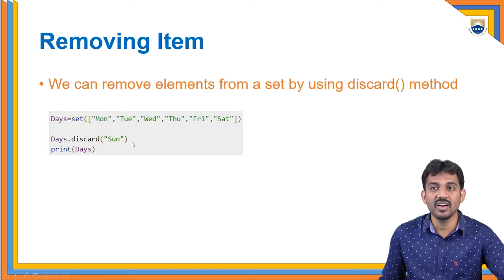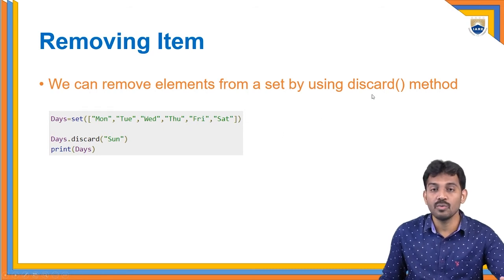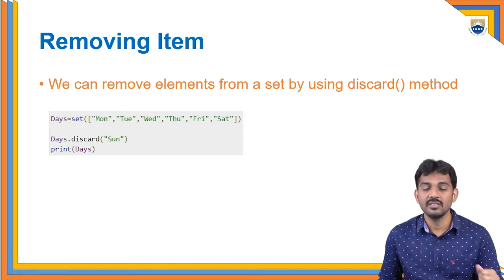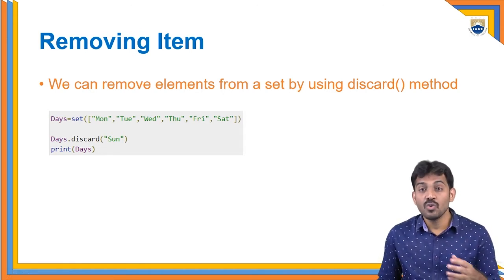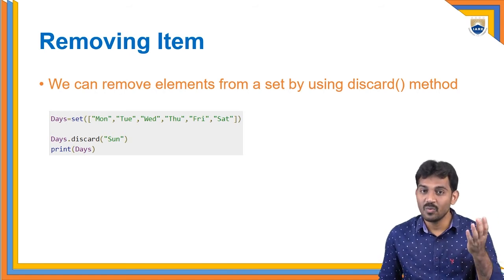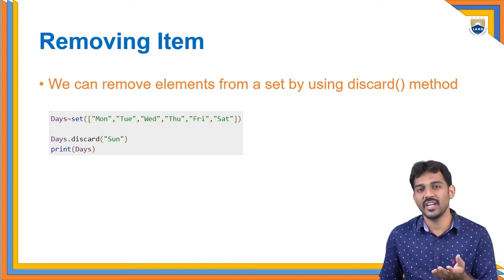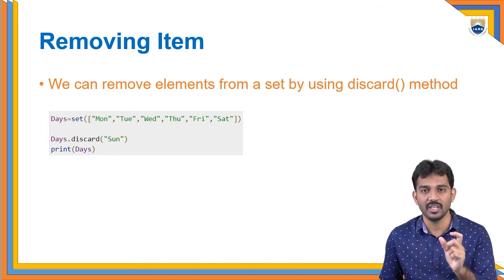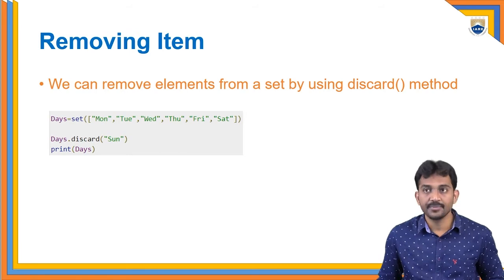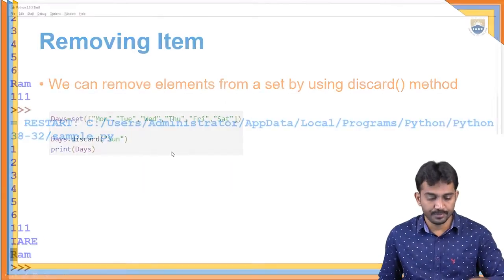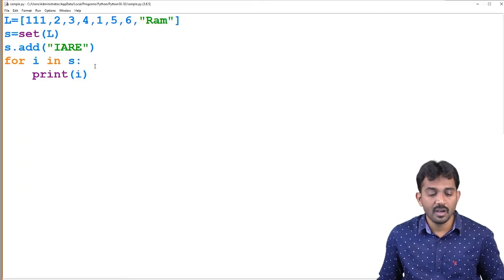See, discard. Discard is a method to remove a particular element from the set. You know, sets don't support an index, right? So if you want to remove an element, you have to use the element value only. See, by using discard, I'm going to remove the 111 value, right?